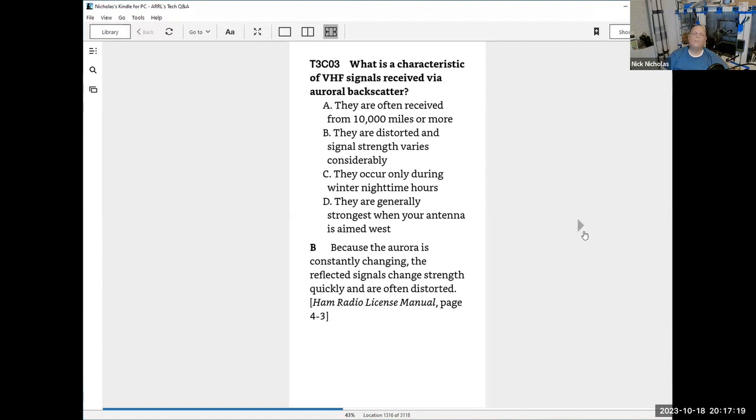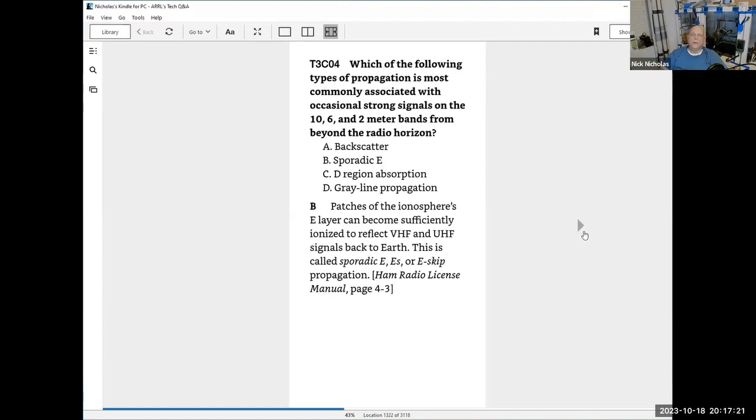Which of the following types of propagation is most commonly associated with occasional strong signals on the 10, 6, and 2 meter bands from beyond the radio horizon? And that one is sporadic E. Occasionally the E level becomes ionized sufficiently to reflect VHF and UHF signals back to Earth.